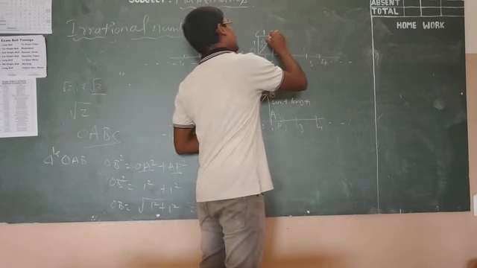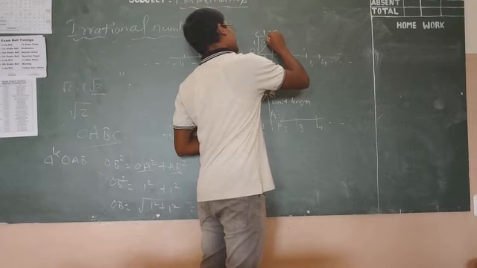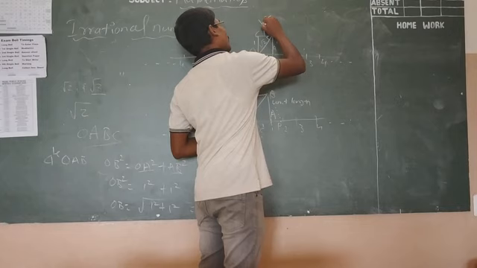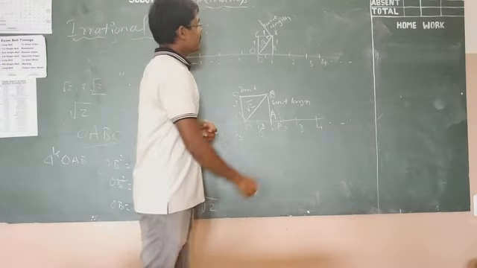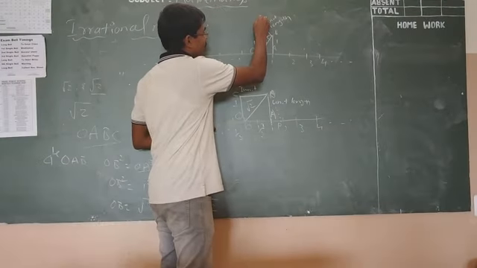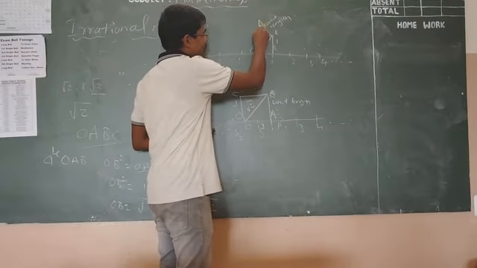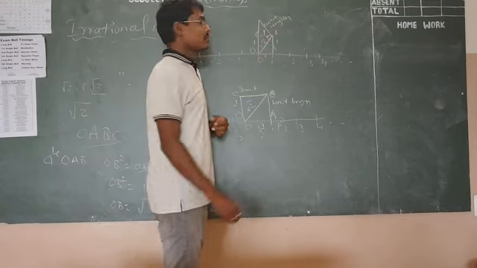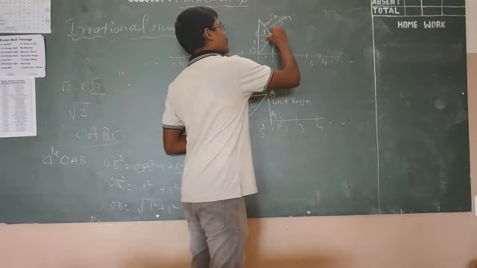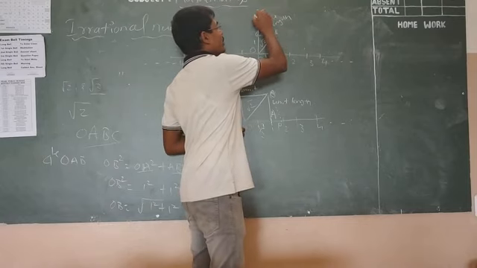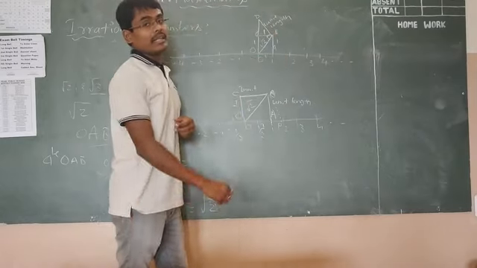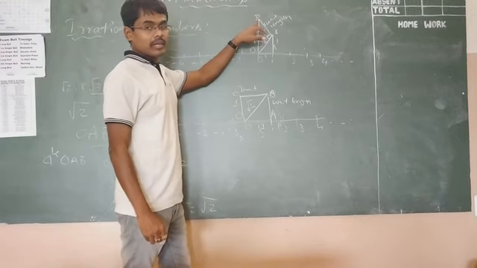Now this becomes like this, of unit length, right? Then I'm going to join this one. This is again of unit length, and I'm going to name this point D.